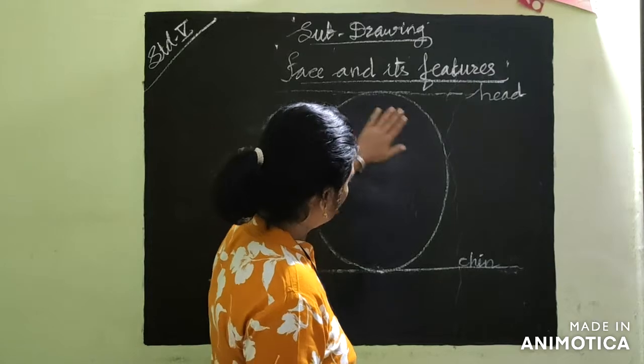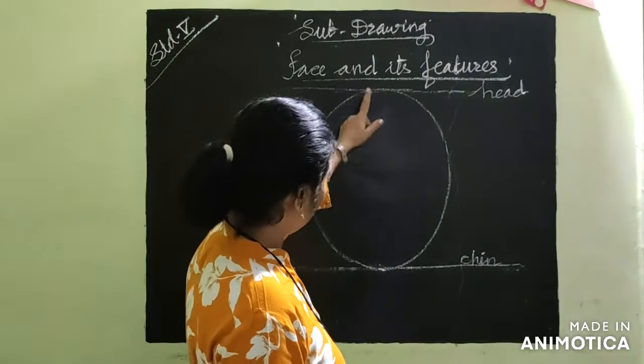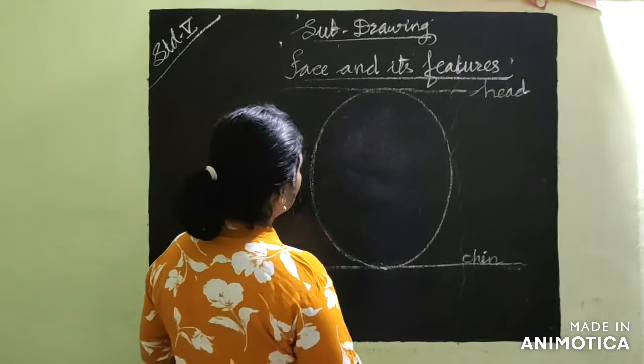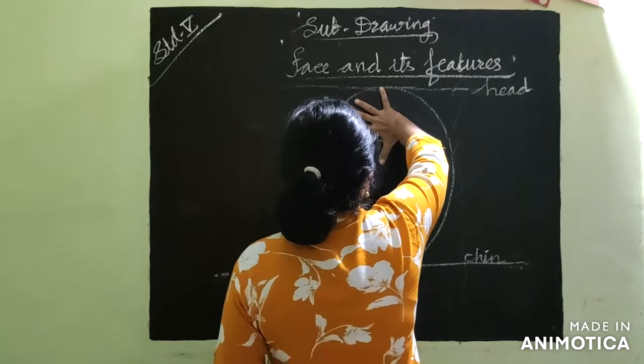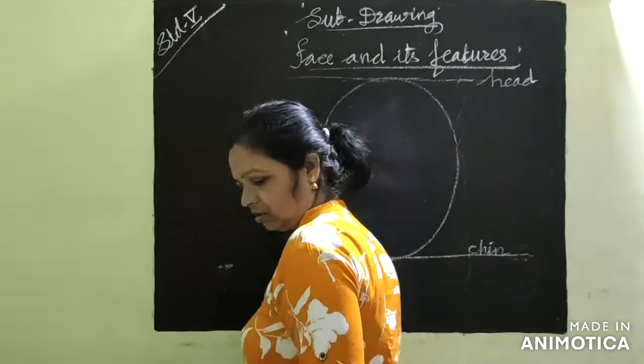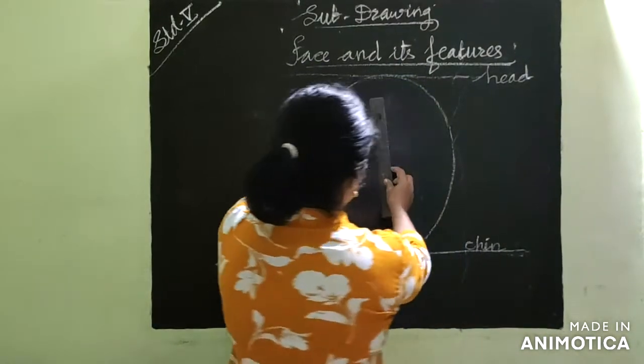Here on the head, we have to divide this oval equally, vertically and horizontally, both. So let's check it out, or you can measure with the scale in this way.